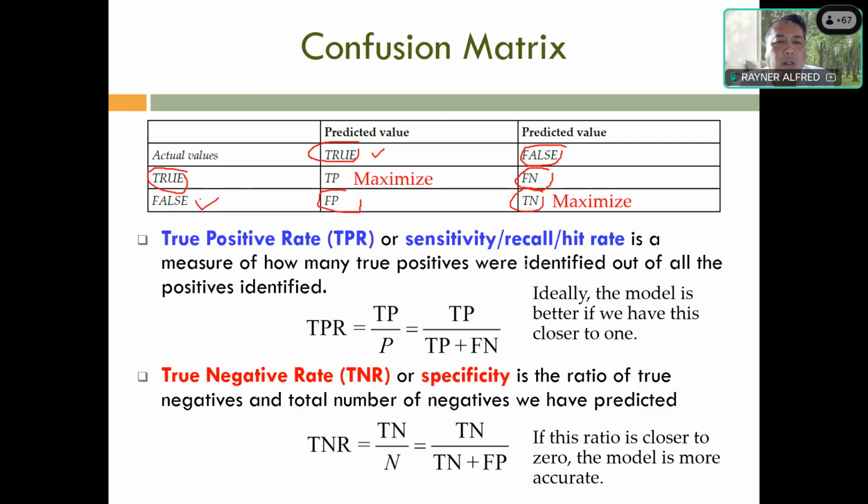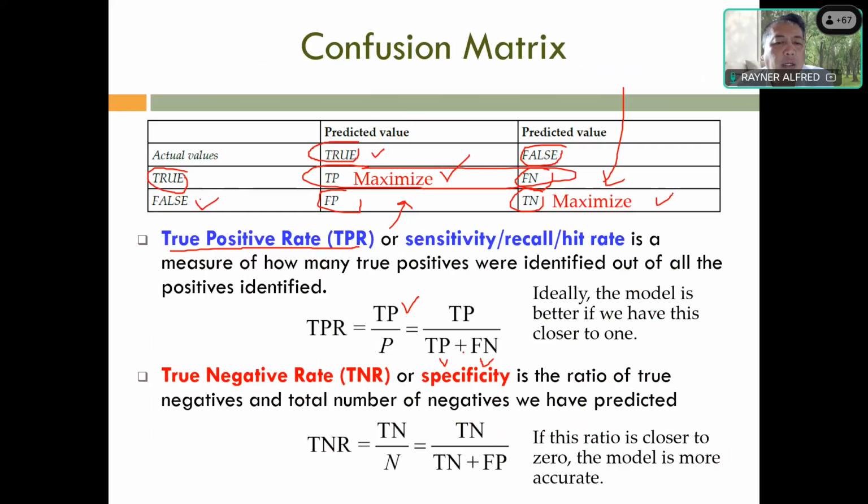What we want to maximize here is the true positives and true negatives to get high accuracy. We do not want high false negatives and false positives. When we evaluate our model, sometimes we use sensitivity, also called recall or hit rate, which is equal to the true positive rate. The formula is true positive divided by true positive plus false negative, which is this.